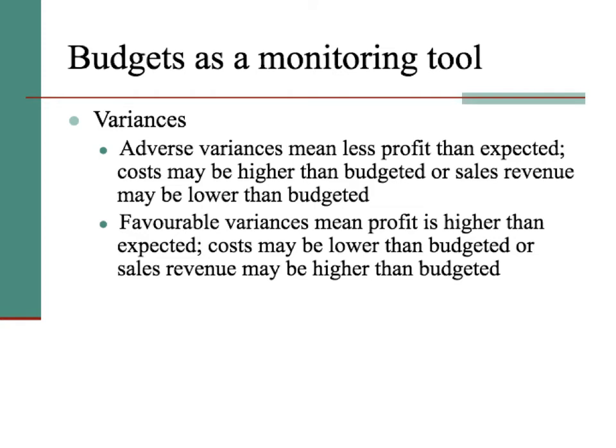I'm going to make you two suggestions why there might be an adverse variance for profit. It might be that costs were higher than budgeted, or sales revenues may be lower. In opposition to that then, if you made more profit and that would result in a favourable variance, it might be because costs were lower than what you had budgeted, or sales revenue may be higher.